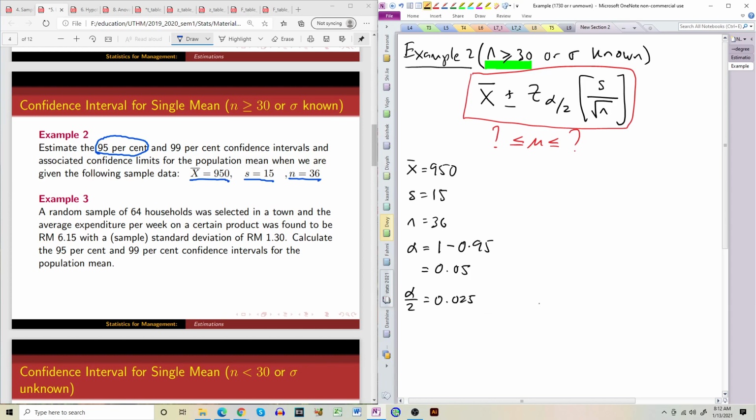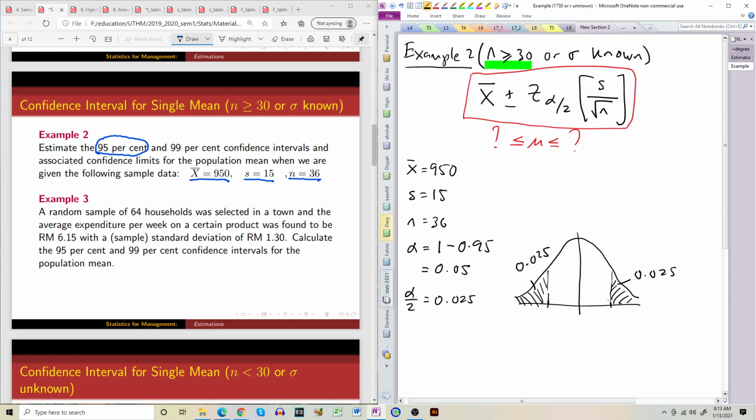0.025. So basically what this tells is, once you do this, you draw a bell shape, the 0.025 is here and here.